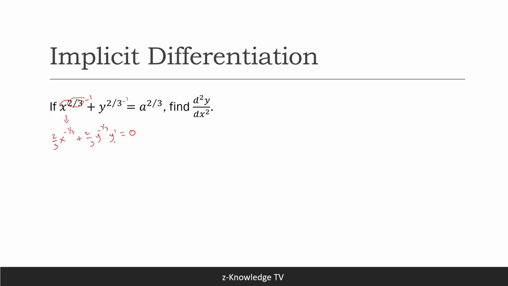Then kapag iniwan natin mag-isa yung y prime, o kinuha natin yung solution ng y prime, so lipat natin tong part na to sa kabilang side, so maiwan is 2/3 y minus 1/3 y prime is equal to negative 2/3 x raised to 1/3. Then divide both sides by 2/3 y raised to negative 1/3 both sides.